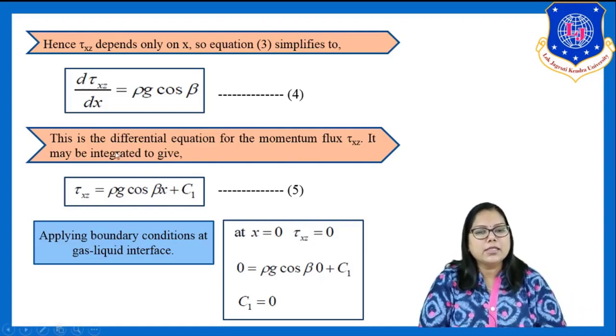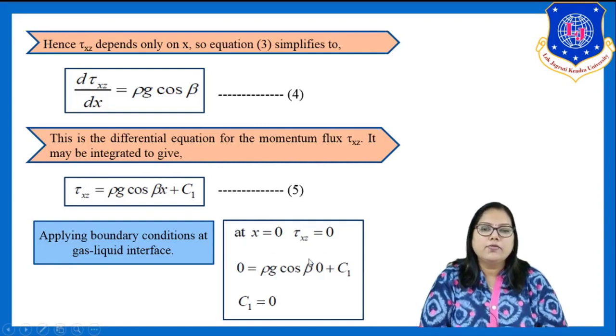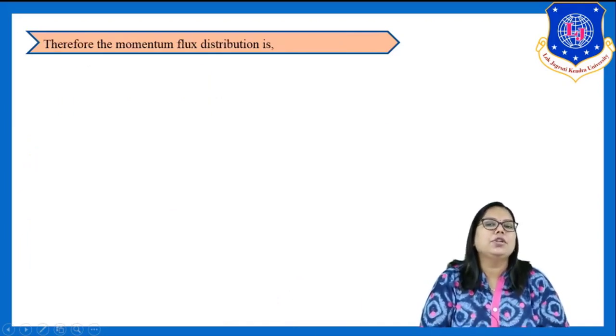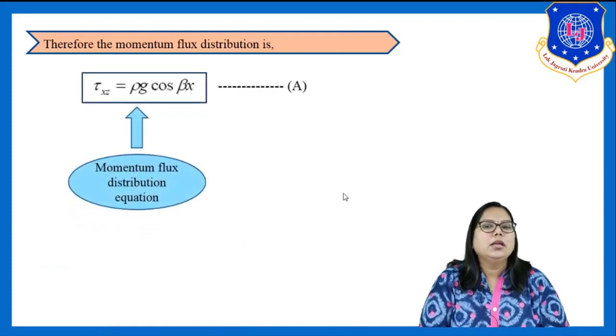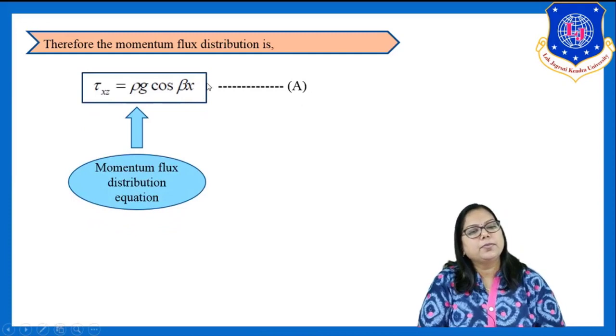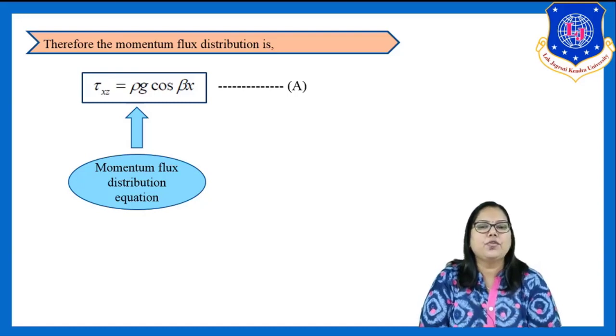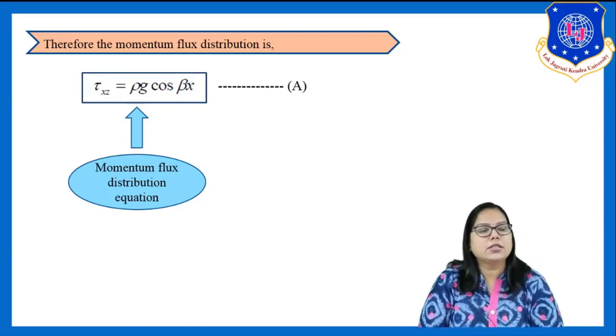When I apply this boundary condition in equation number 5, the value of C1 will be 0. So tau xz is equal to rho g cos beta x. This is the equation for momentum flux distribution.